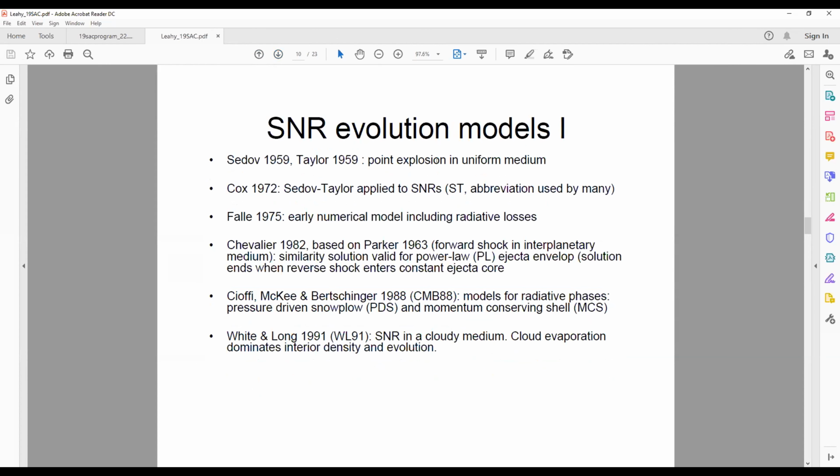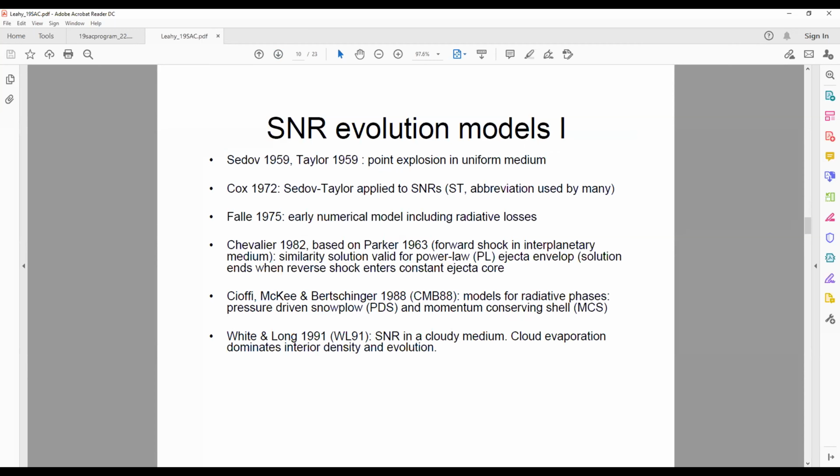Okay, so just a summary of what these models are. The most used model, if you go to David Green's catalog, most of the supernova remnants there have only had a Sedov model applied, which is extremely simple. So in the history of models, these models were applied to supernova remnants early on, 1972.